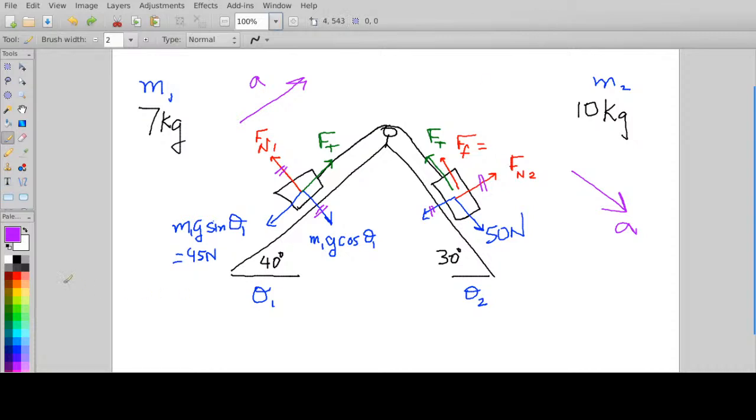Probably don't need to, but let's do it anyhow. So this is going to equal, actually, let's do the blue here. This is going to be equal to 86.6 newtons. And the normal force has to balance against it. So the normal force here has got to equal 86.6 newtons, like that. All right.